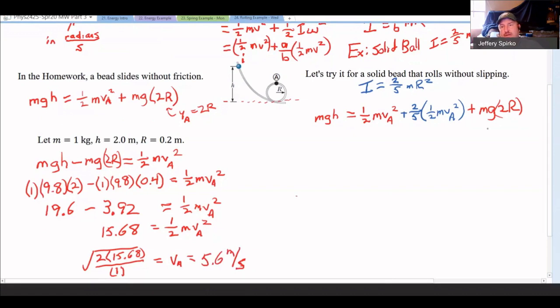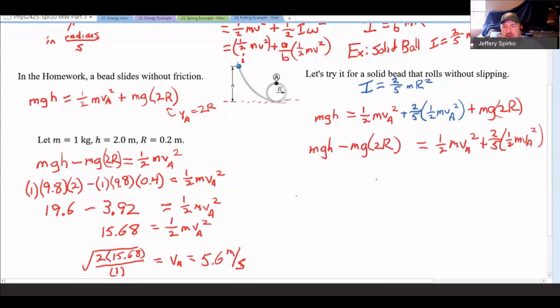And now I want to do the same thing for the case where instead of sliding without friction along this wire, it's on a track and it's rolling without slipping. So now we're going to have our mgh minus mg times 2r equals 1/2 mv sub a squared plus 2/5 of 1/2 mv sub a squared.